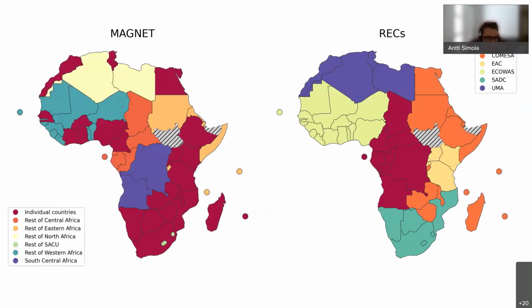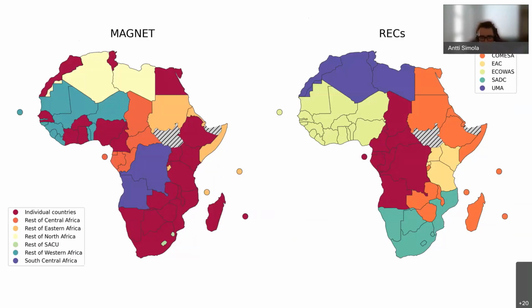The dark red countries are modeled as individual countries, and the rest are regional aggregates. With a few exceptions, this is the most detailed aggregation of African countries available in version 10 of the GTAP database. There are 36 regions in total in our simulations, and 29 of them are African.